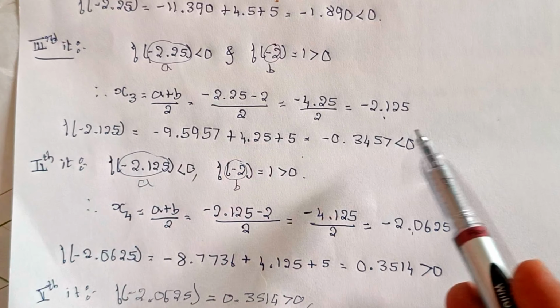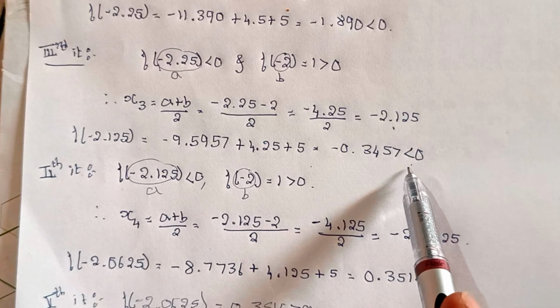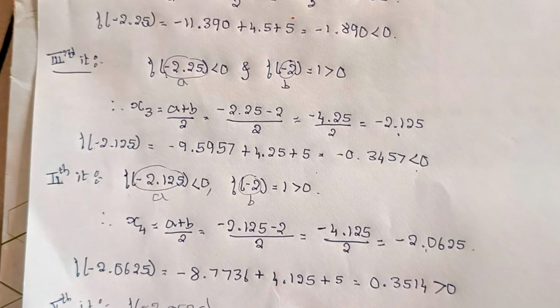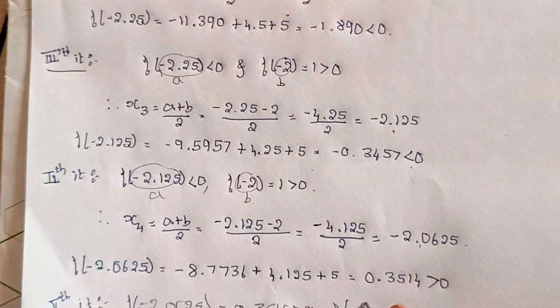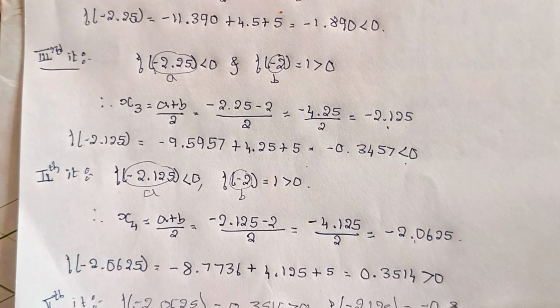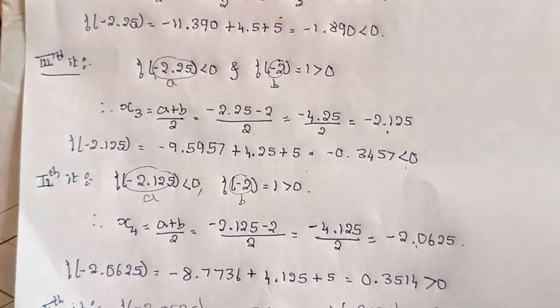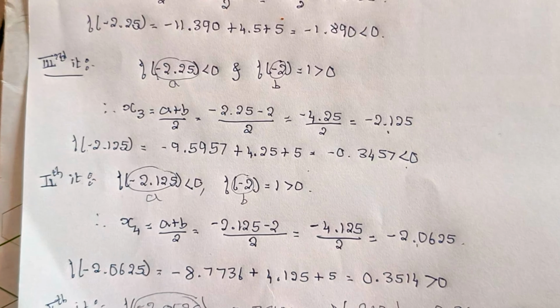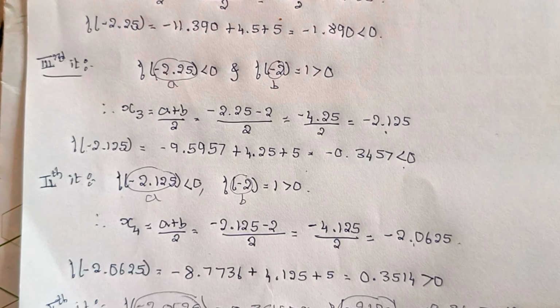In the third iteration it is a negative value, therefore we have to consider f of x3. f of x3, that is -2.125, that value is equal to 0.3457, which is less than 0. Thus this is considered as a value and this is considered as b value.